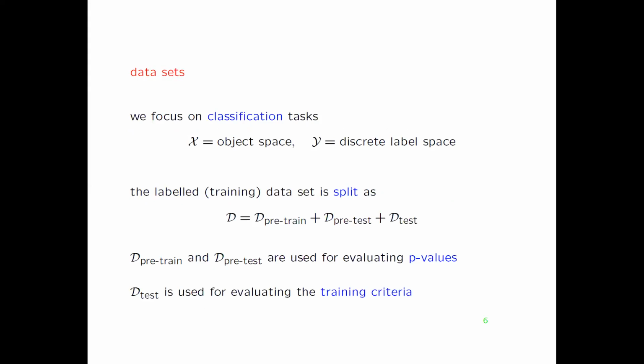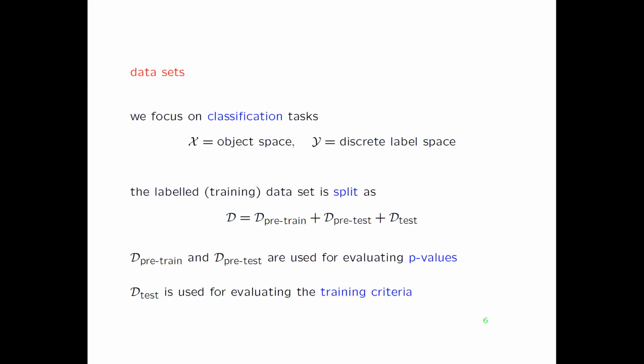And this slide is a bit more technical, about what the object space and the discrete label space are. Because we have binary classification, the label space is just 0 or 1, and the object space is the set of handwritten images, and we are given a labeled training data set, and we split it.